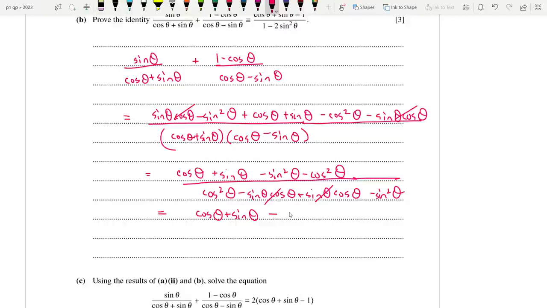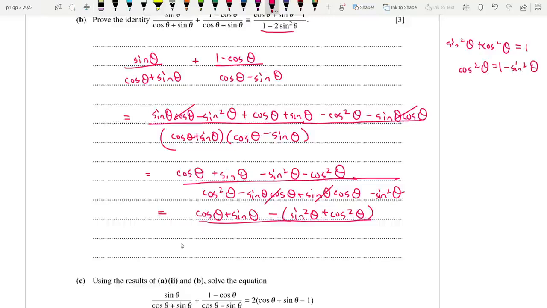I will take minus common, so we end up with sin square theta plus cos square theta, and below I have cos square theta minus sin square theta. I only require sin square theta, so we know that sin square theta plus cos square theta equals 1. So cos square theta is equal to 1 minus sin square theta. So I can write 1 minus sin square theta minus sin square theta. So ultimately we end up with cos theta plus sin theta minus 1 divided by 1 minus 2 sin square theta. Shown. Okay.